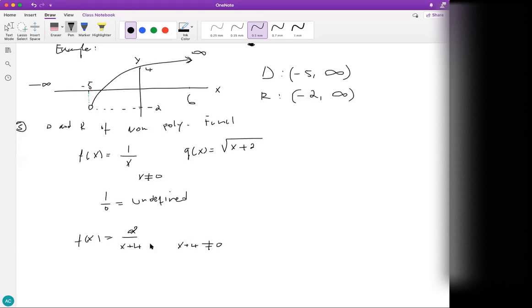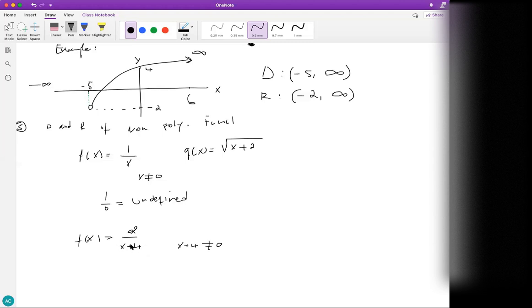If we don't want to have 0 here, x cannot be what number, what value? Also 0? No, if you plug 0 here itself, it would be 0 plus 4. 4 will be fine. What value of x should we avoid to not have 0 in the denominator?